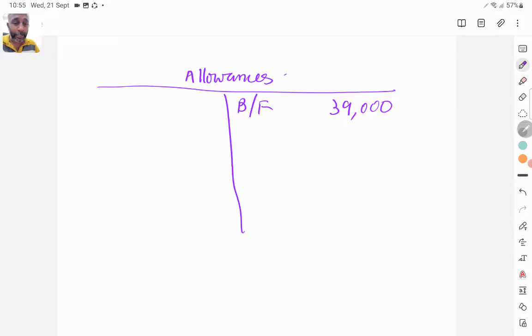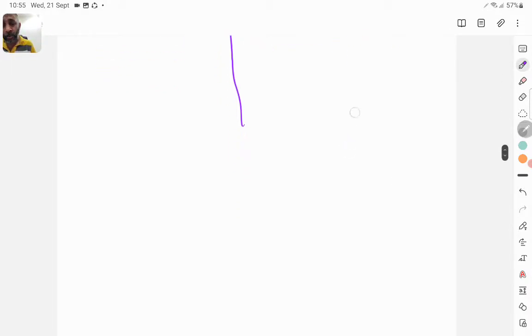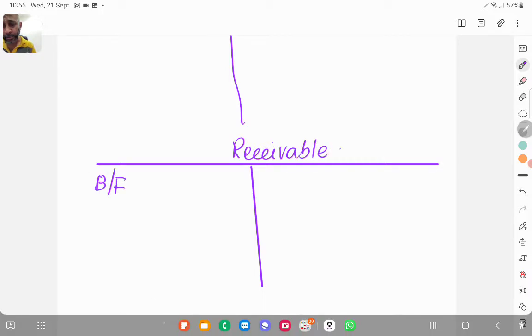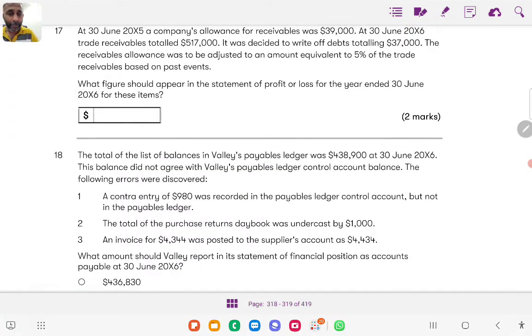By nature it's a credit balance, and then we also need to open a T account for receivable. So when you open a T account for receivable, the opening balance given in the question is 517,000.